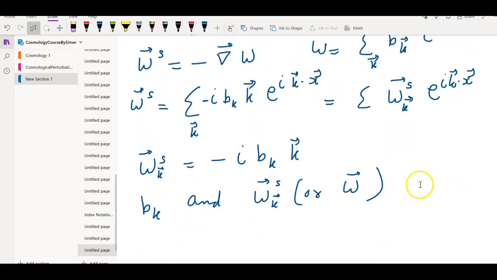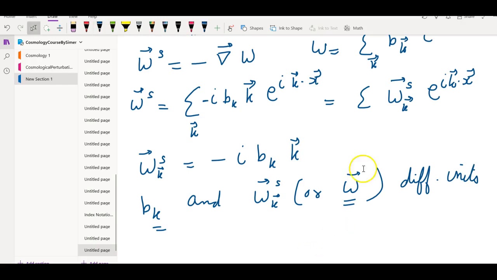But here what we are getting is, after taking the gradient of the potential W, the coefficient which we are getting for W_s, which is minus i B_k k, and the original W vector, they have different units or dimensions.